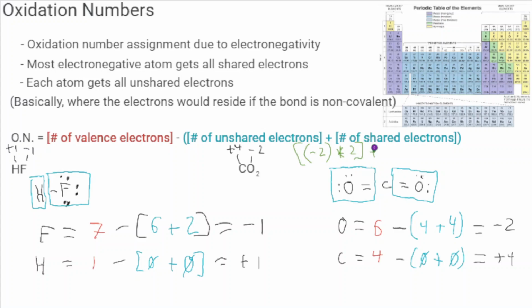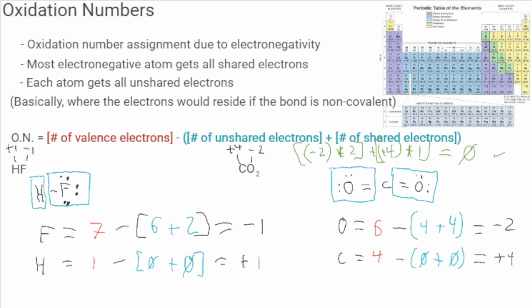Add that to our carbon, which has a positive 4 oxidation number. We have 1 carbon, and then we're going to add those together. And when we add those together, we end up getting our charge, which is 0. So all that checks out. So we did it correctly.